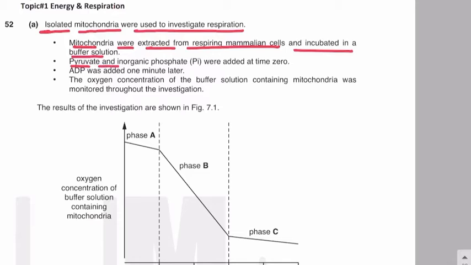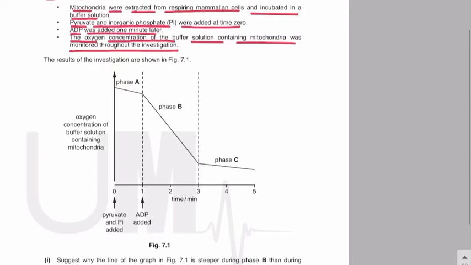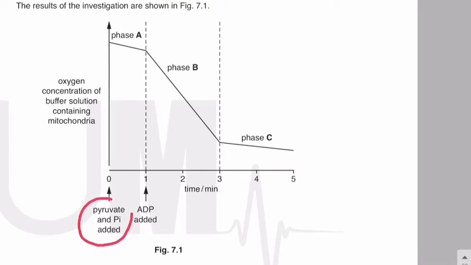Pyruvate and inorganic phosphate were added at time 0. ADP was added 1 minute later. The oxygen concentration of the buffer solution containing mitochondria was monitored throughout the investigation. So guys, we can see the graph, and in this graph on the y-axis there is the oxygen concentration of the buffer solution that contains mitochondria. Oxygen concentration is being monitored. At time 0, pyruvate and inorganic phosphate are added.